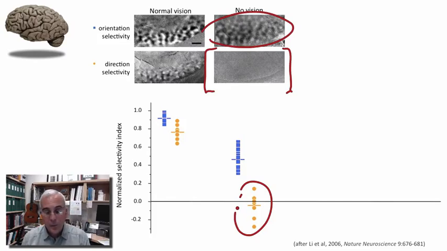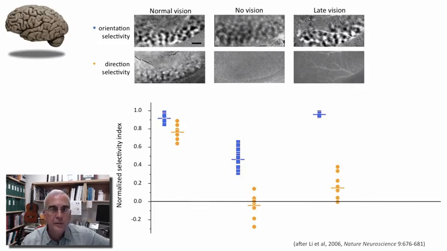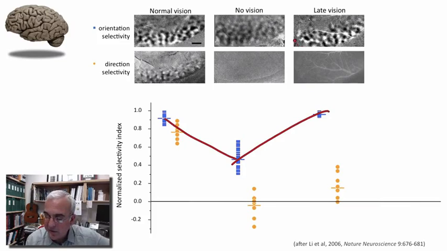Well, we wanted to know at what time in development this network was especially sensitive to the onset of visual experience. And what we found is that if we deprived animals of vision for the first couple of weeks after eye opening and then gave them what we might call late vision, their orientation preference maps returned to their full developmental strength. And you can see that by eye with the robust dark and light distribution of orientation domains in the maps from these animals.